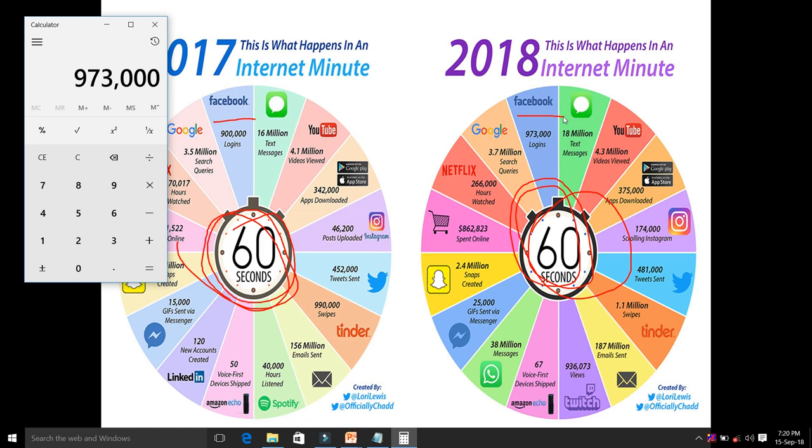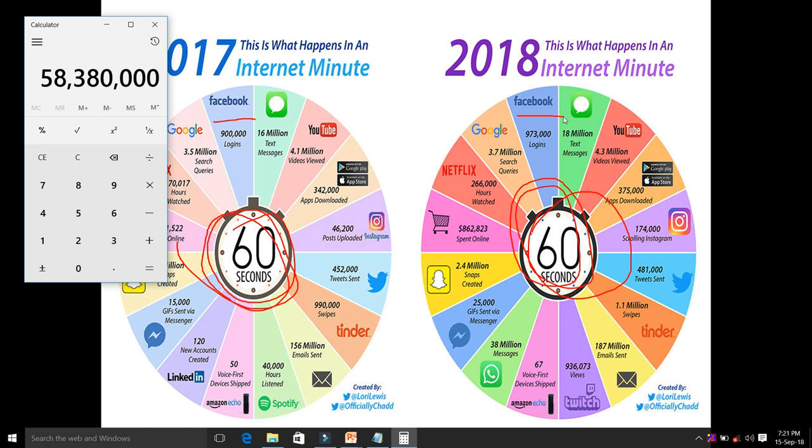So see, within an hour how many images will be uploaded? I will multiply by 60, since 60 minutes is equal to 1 hour. So within an hour there will be 58 crore 38 lakh 80,000 images uploaded.